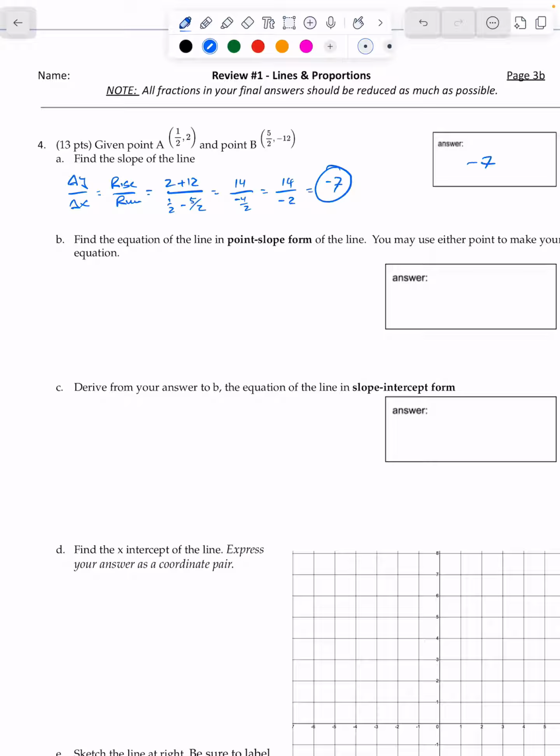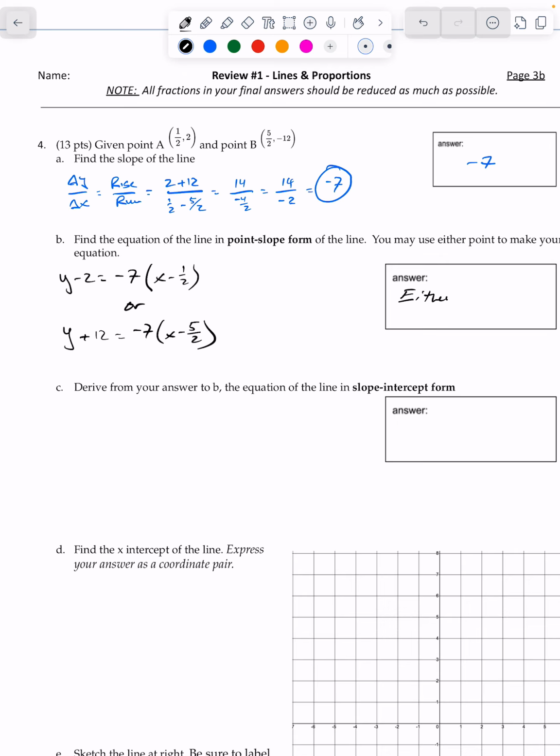Point slope form, I got two options. I will do them both. Either y minus 2 is negative 7 times x minus 1/2, or y minus, whoops, backwards, y plus 12 is negative 7 times x minus 5/2.